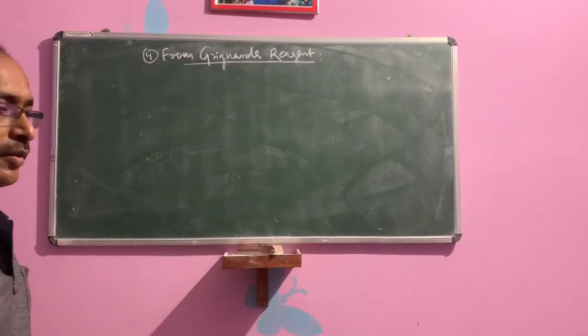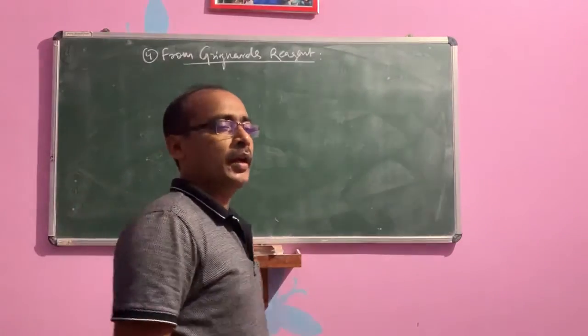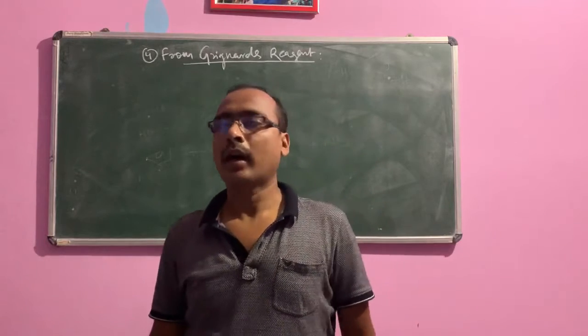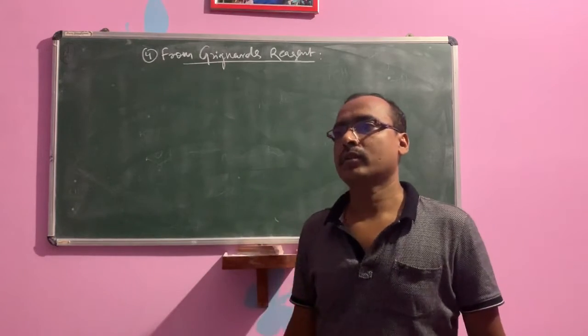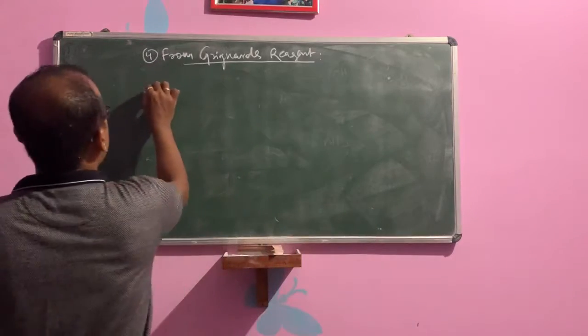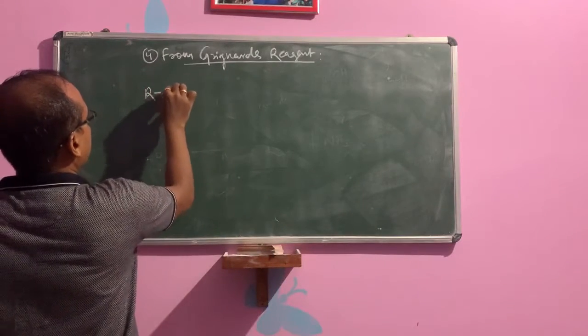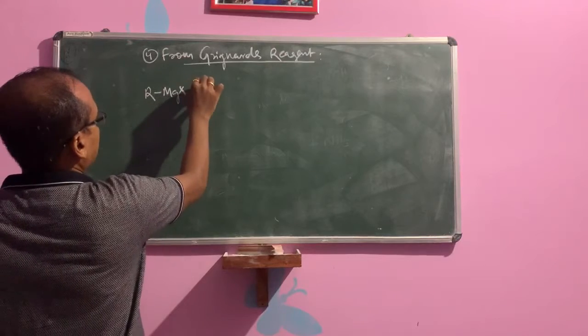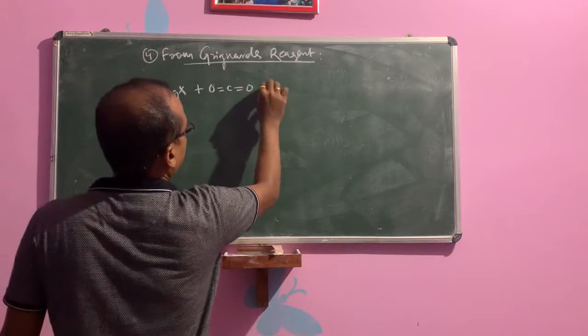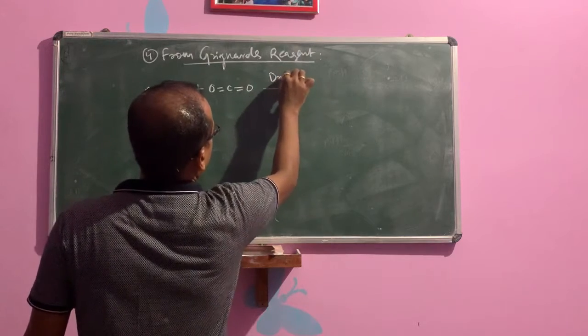That is RMgX. R is your alkyl part and MgX is magnesium halide, alkyl magnesium halide. When Grignard's reagent RMgX is treated with carbon dioxide in the presence of dry ether, you write the structural part.